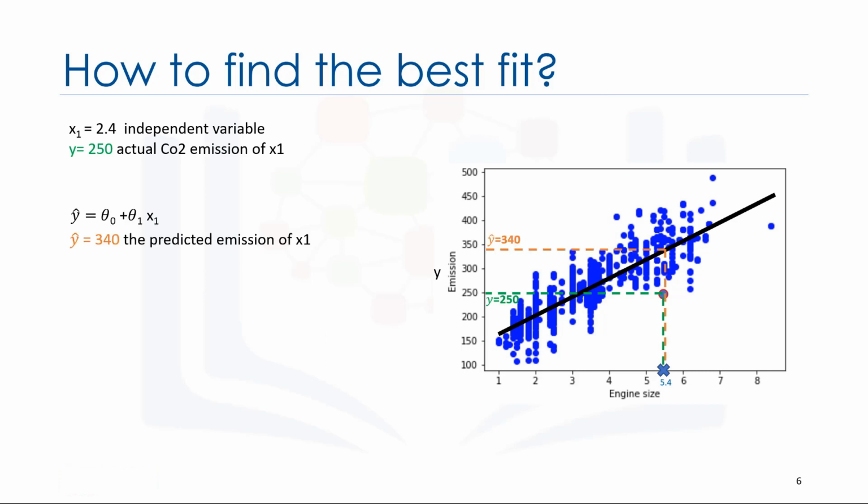But if we use the fit line, or better to say, using our polynomial with known parameters to predict the CO2 emission, it will return y hat equals 340.